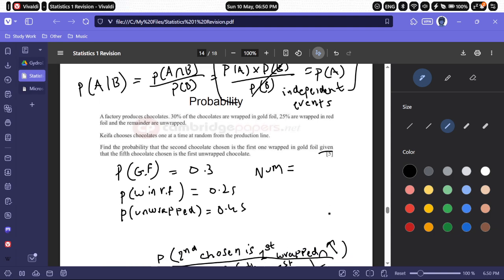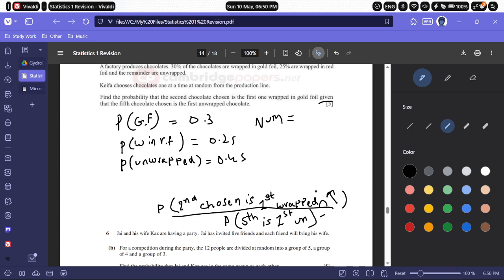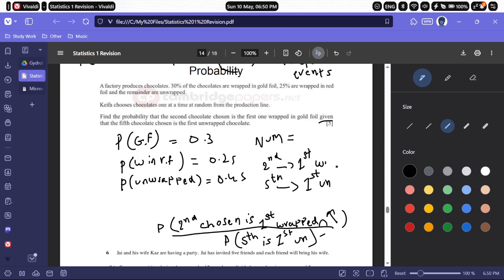Just think about it. What about the first chocolate that you choose? That actually won't be unwrapped or wrapped in gold foil. My bad, I should specify that: wrapped in gold foil.